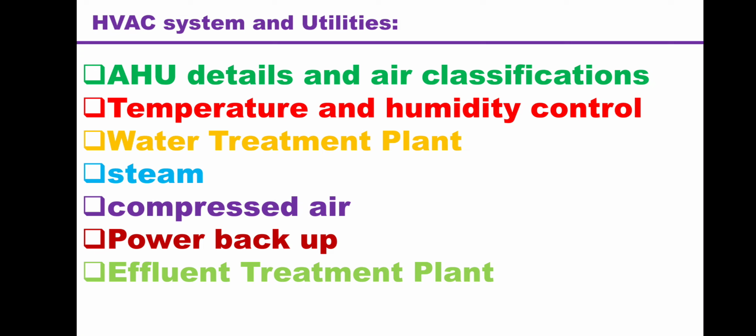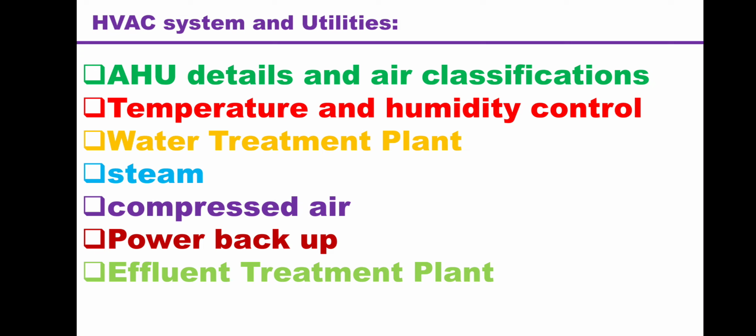Then steam, for tablet manufacturing in granulation and coating, we need to use the steam so that the boiler details are also covered in the site master file. Then compressed air is also important for tablet granulation, compression, then coating, blister, power backup.